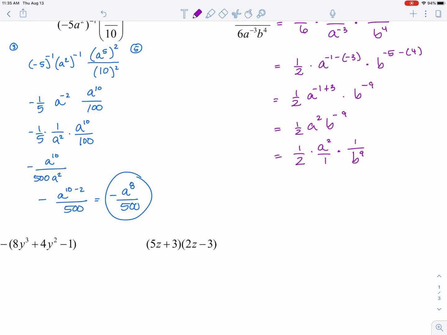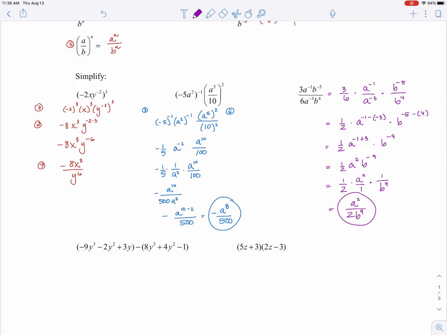And then multiplying straight across top and bottom, we have a squared over 2b to the 9th power. And we've rewritten that expression without any negative exponents and simplified it. So that's a quick review of exponents.